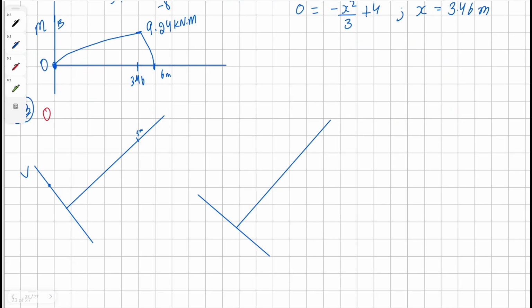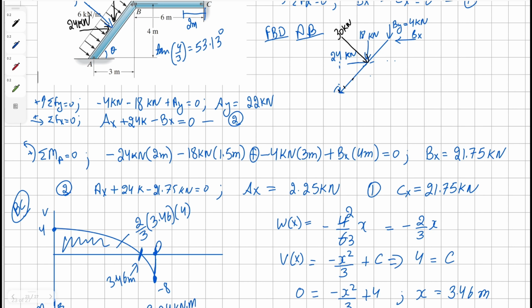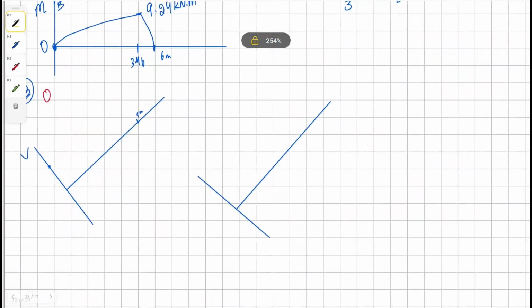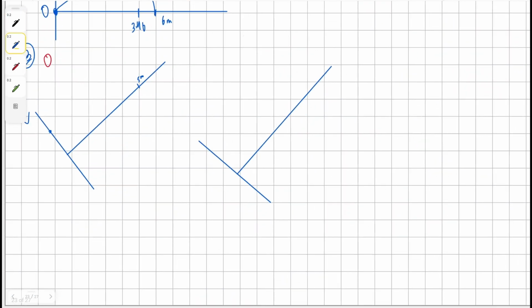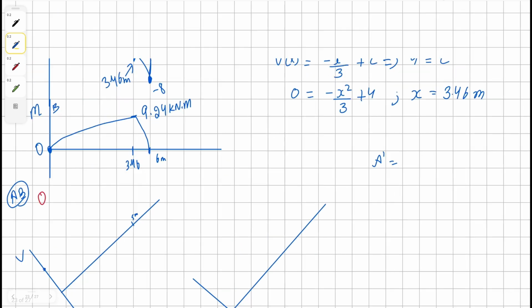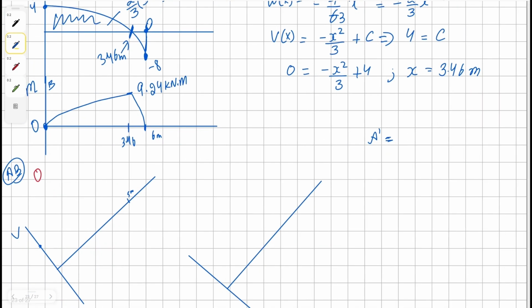To find our initial vector for A, we're going to name it A prime, and B prime, we need to find their projections. Projection for A prime will be Ay times cos 53.13 degrees, take away Ax times sine 53.13 degrees.